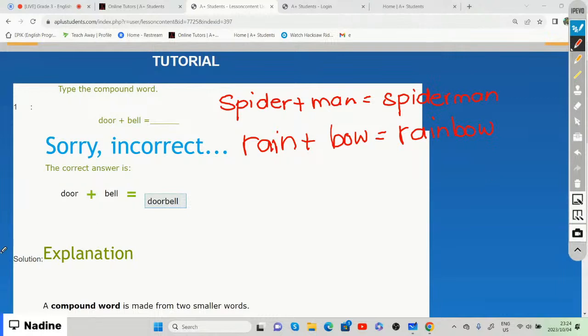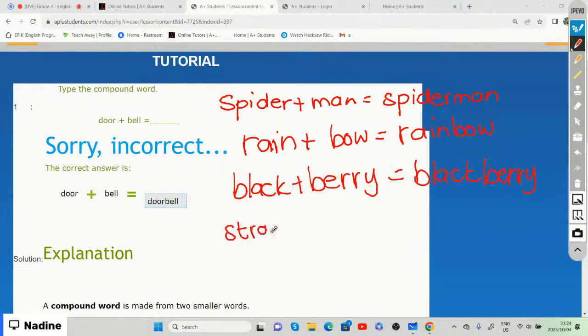Think of another one. So we have, for example, black plus berry, and that is blackberry. Or we can even say straw plus berry, which is strawberry. So these are words that, if we add these two words together, we have our compound word.